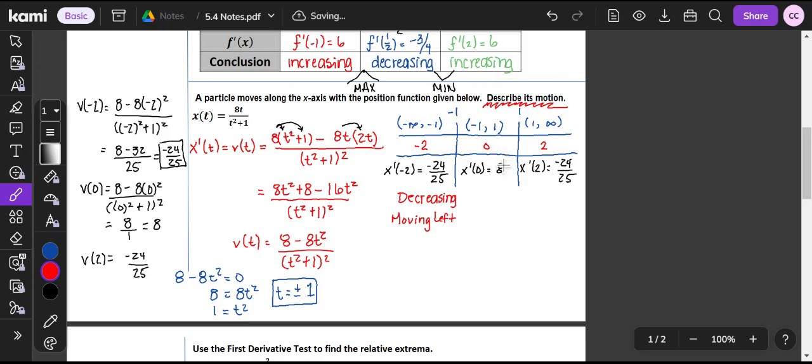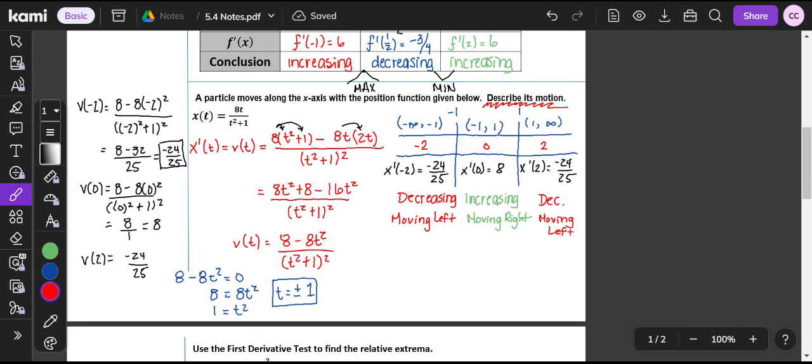Okay, in the next interval, I have a +8. So this is increasing. So that means the particle is moving right. And then last one, I have a negative interval, so I could say decreasing again. And then we could say moving left.